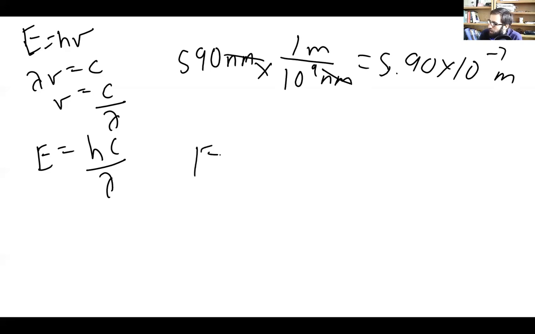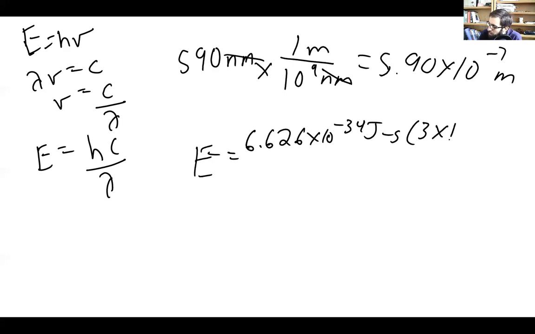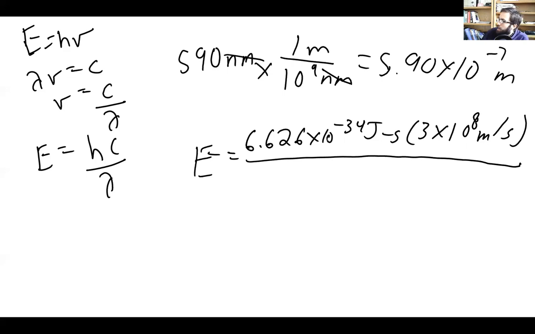Now we're ready to plug all of this in. Planck's constant is 6.626 times 10 to the minus 34 joule seconds. Speed of light is 3.00 times 10 to the 8th meters per second. I'm not worrying about significant figures right now. All of that is divided by our wavelength in meters, 5.90 times 10 to the minus 7th meters.